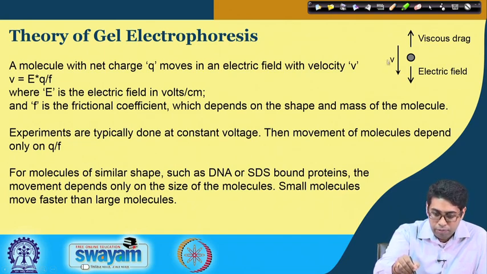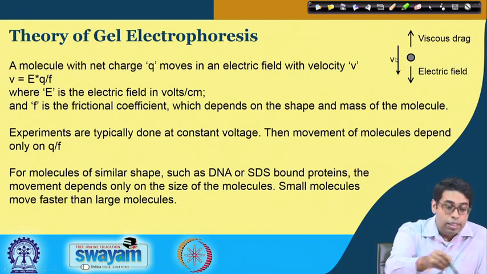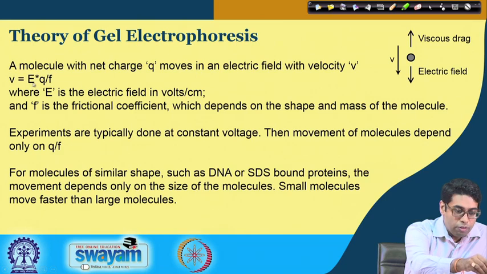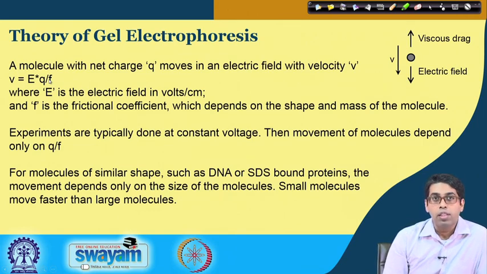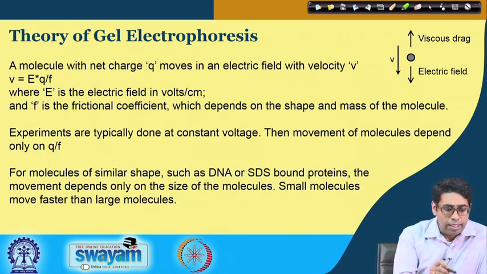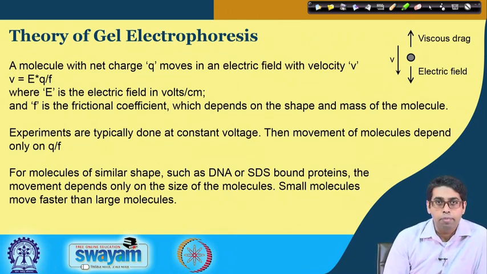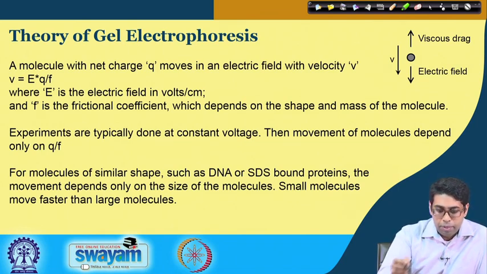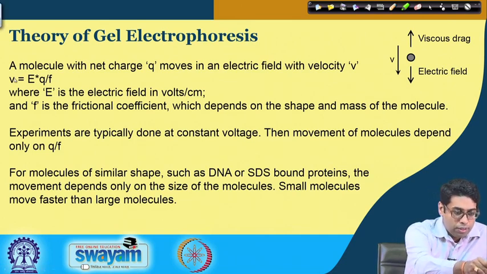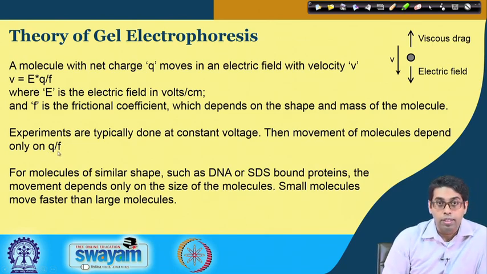So, the velocity of the molecule is given by this equation, where E is the electric field, Q is the charge divided by F, which is the frictional coefficient, and this frictional coefficient depends on the shape and mass of the molecule. So, typically these experiments are done at a constant voltage, which means that the velocity of the molecule depends on the ratio of the charge and the frictional coefficient.